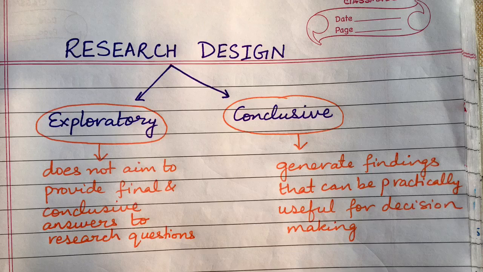Exploratory research does not aim to provide any final or conclusive answers to your research questions. If you just look at the word explore, it literally means that you are here to just find out what your research question is all about, because it is an unknown area which has never been explored before.